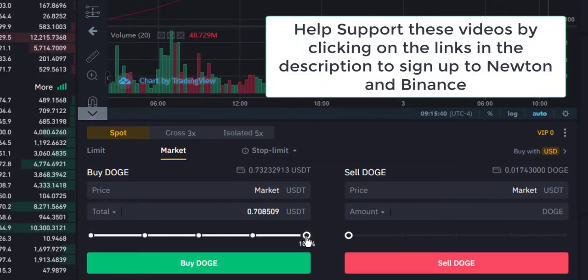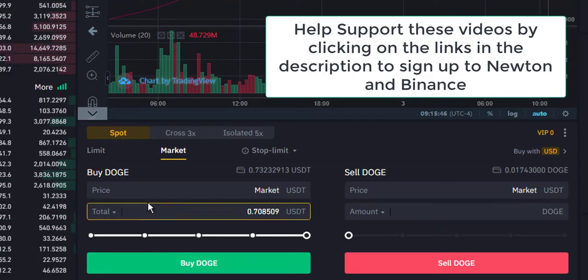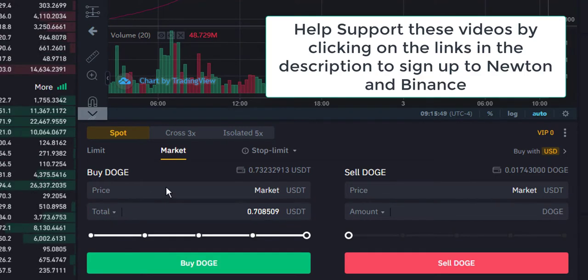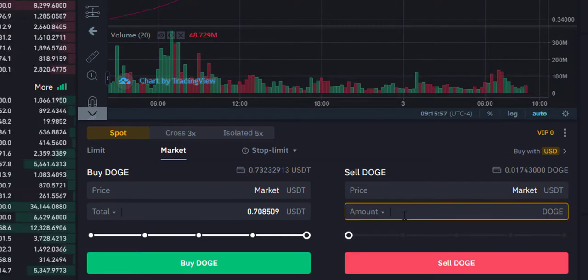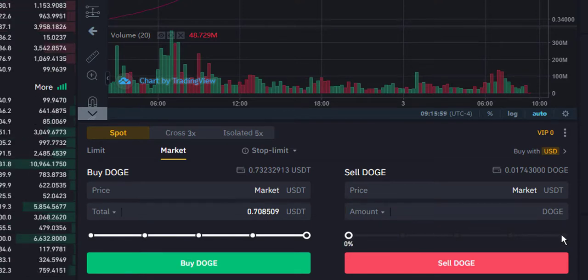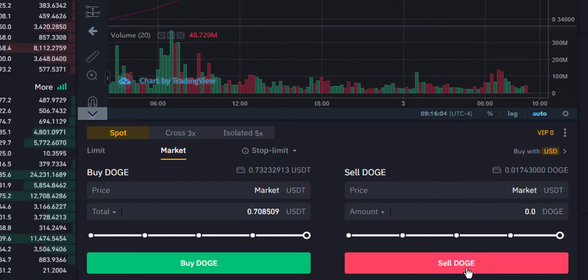So let's say 100%, and then you click on buy Doge, and it would buy at the current value. This is just if you want to buy Doge quickly. Same thing when you have the Doge and you want to sell it: you put in the amount of Doge you want to sell, and you click on sell Doge. So market is good if you instantly want to buy crypto.